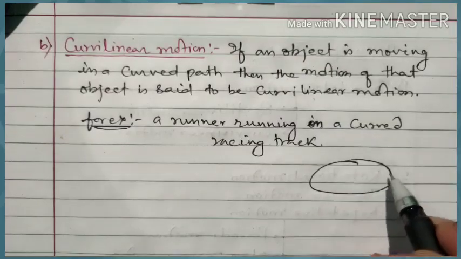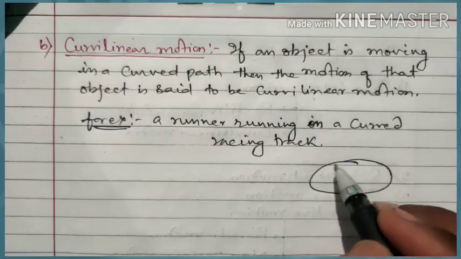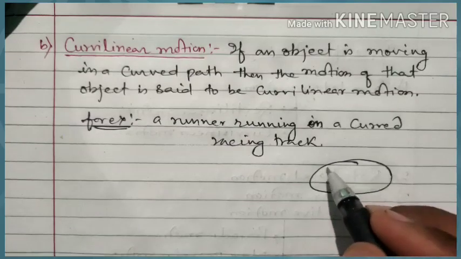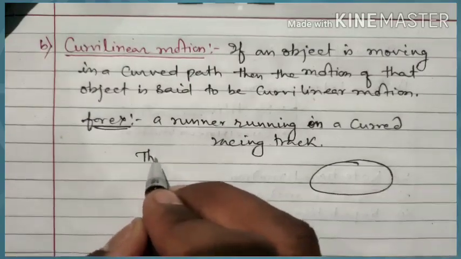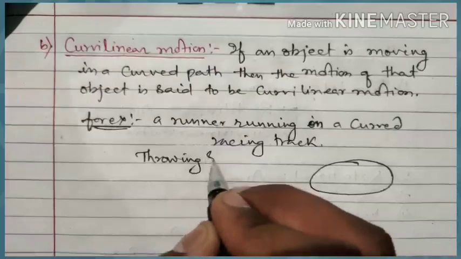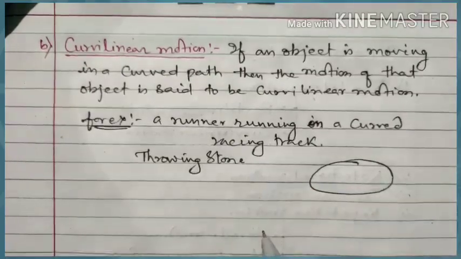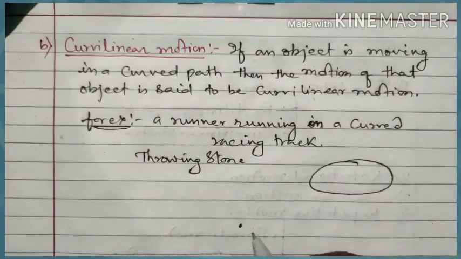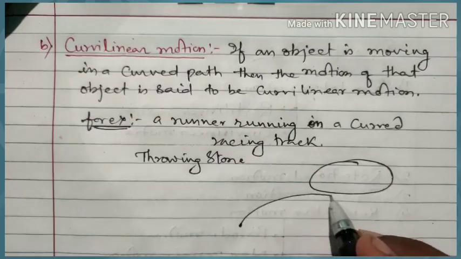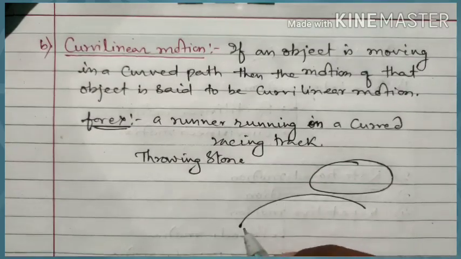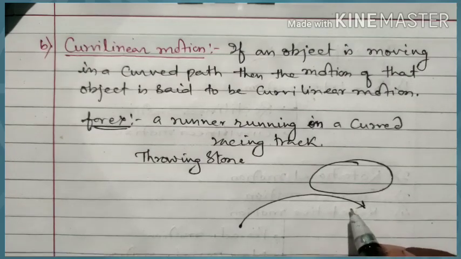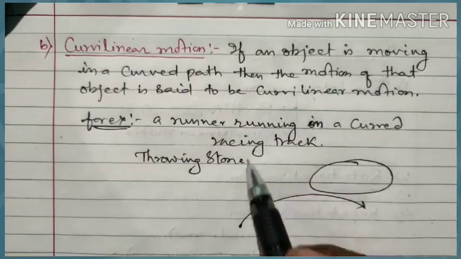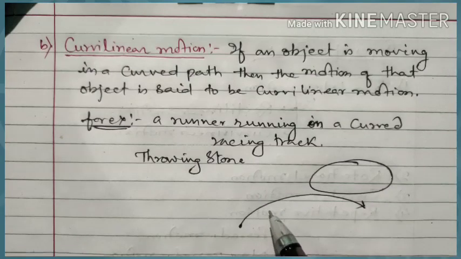Suppose this is a racing track, the path is not straight, it is a curve. That's why the motion along this curve will be called curvilinear motion. Or you can say throwing a stone. If a child is throwing a stone, suppose from here, definitely he will throw the stone like this. So the path of motion of this stone will be curvilinear. These types of motion are called curvilinear motion.